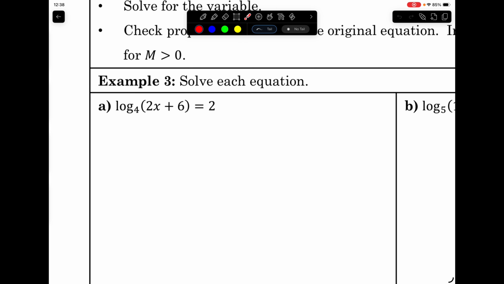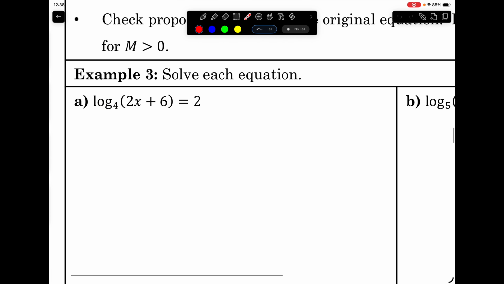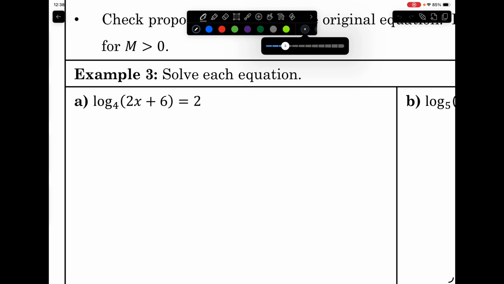For example number 3a, I want to solve this equation here. Let's first recall what the domain of this thing is. So to find the domain of this, let me do this work right here on the side, our domain, and let me do it in blue.